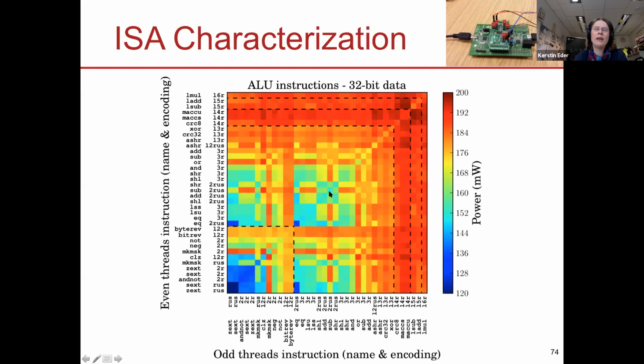You go up there and you see on the diagonal, that is when you run add in a tight loop with only add instructions. And you get a particular value there, and then you get the overheads when you run the add in combination with other instructions. But the fact is, we've got a single cost attributed.